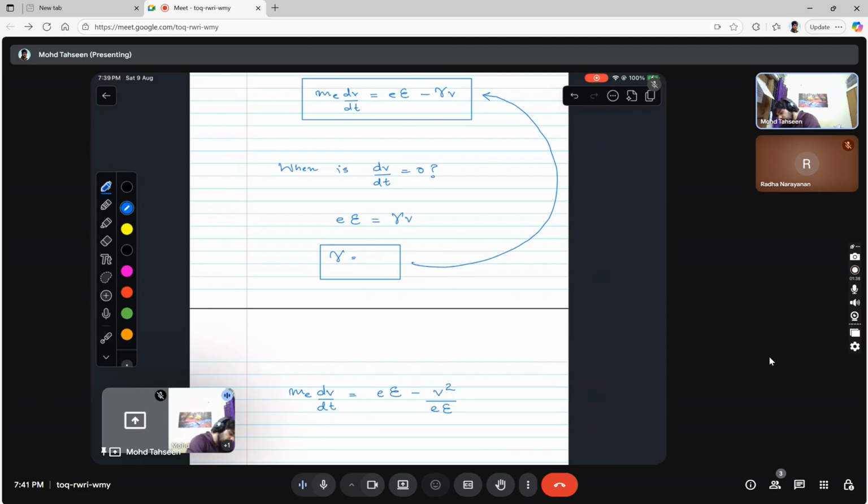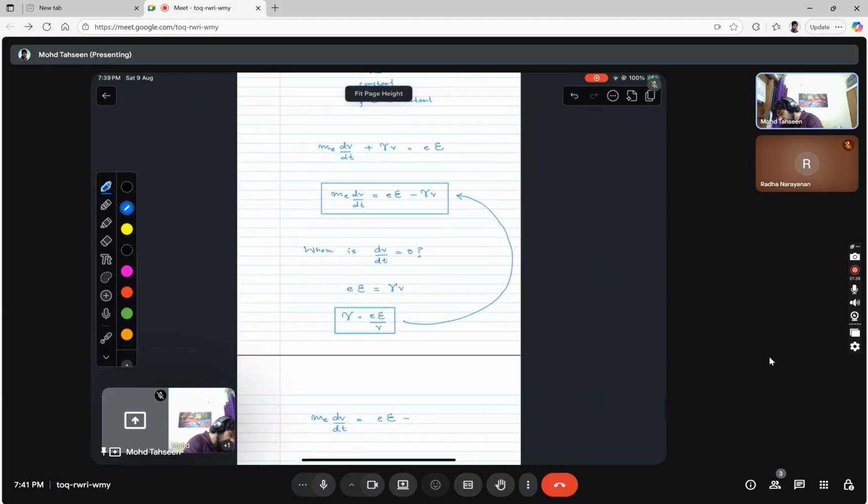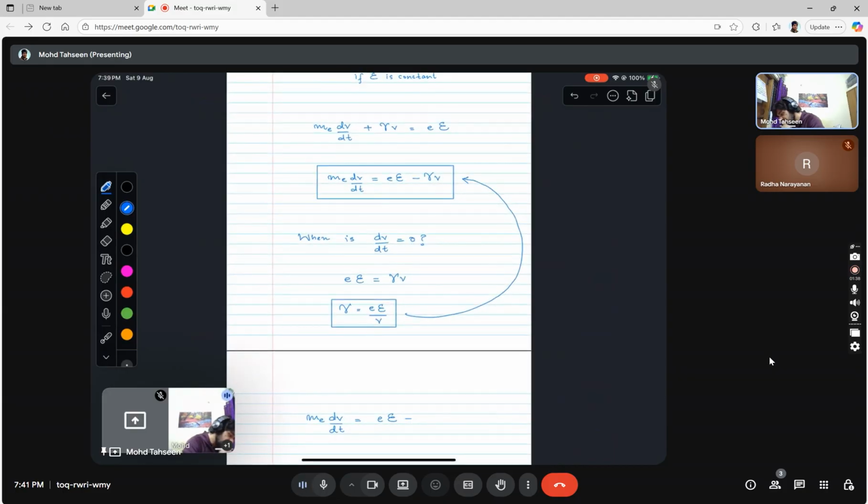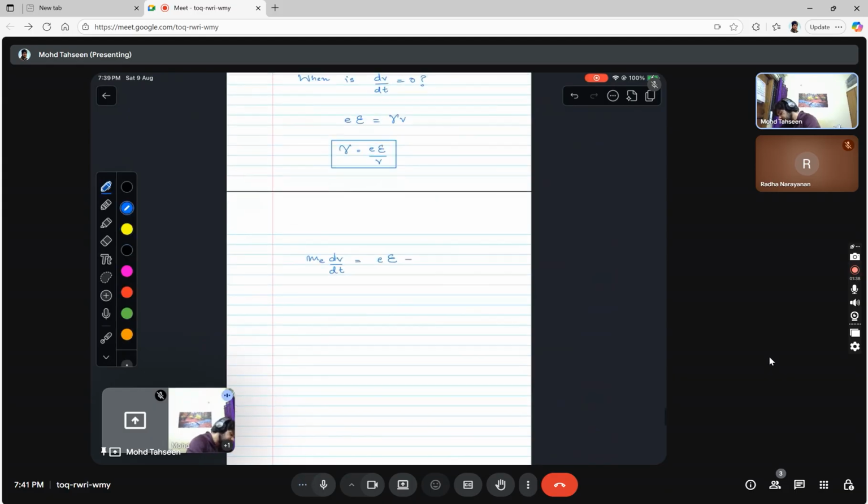Gamma will be equal to eE by v. So when we multiply it here, v and v will cancel out. Oh, just a minute. I want to substitute this gamma. Oh, maybe not, because this is a particular value of gamma.